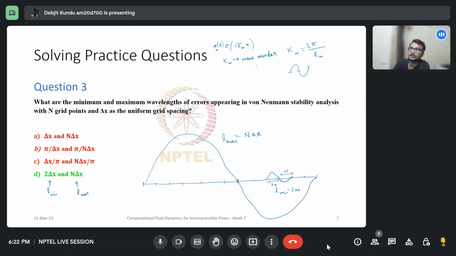So if you're talking about wave numbers, the minimum wave number would correspond to the maximum wavelength, that is n delta x. And similarly, the maximum wave number would correspond to the minimum wavelength, and that would be 2 delta x. So 2 would cancel out, this would be pi by delta x.